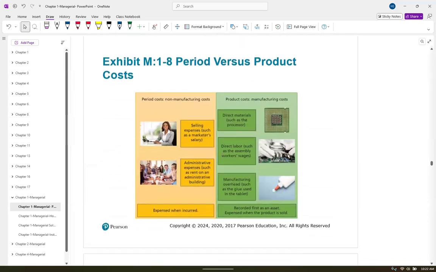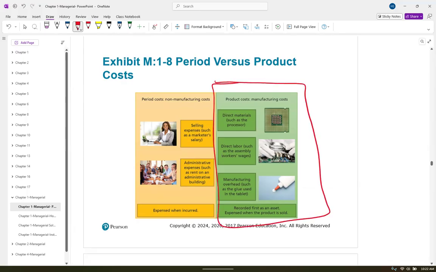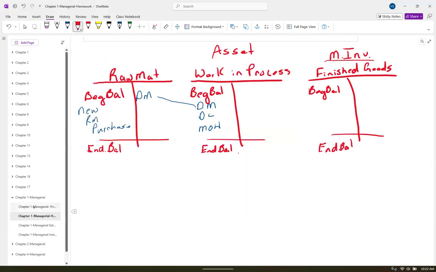So here they give us a really good diagram of the difference between period cost and product cost. You don't have to memorize anything special because you've already memorized the three manufacturing costs. Those are right there. Everything else is going to be a period cost, and they are expensed when they're incurred. Notice on my little diagram over here, we're going to have raw materials. It's going to flow to work in process, and then it's going to flow to finished goods.